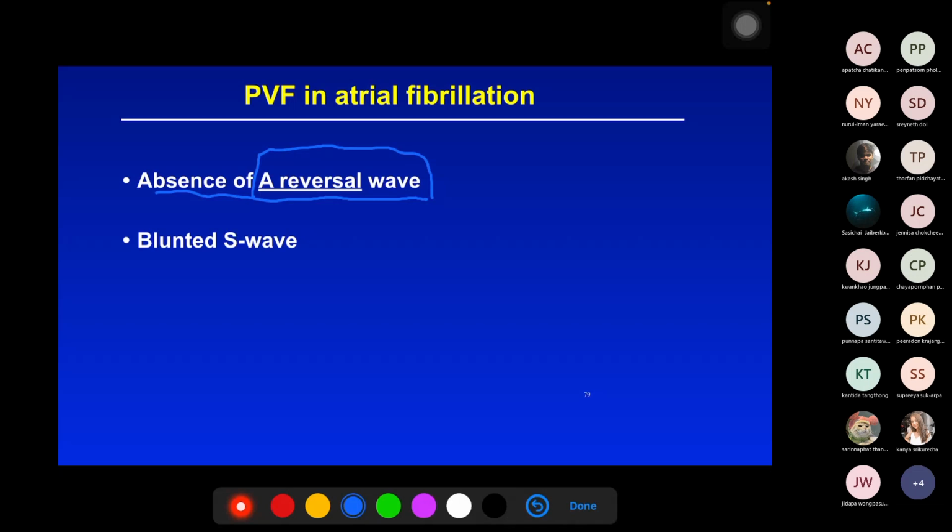And most patients with atrial fibrillation have a blunted S wave. So the S wave is blunted, and the S to D ratio should be less than 1.